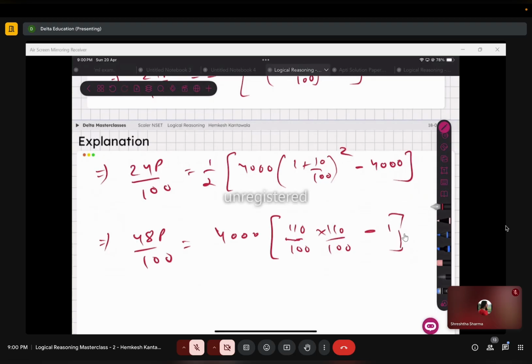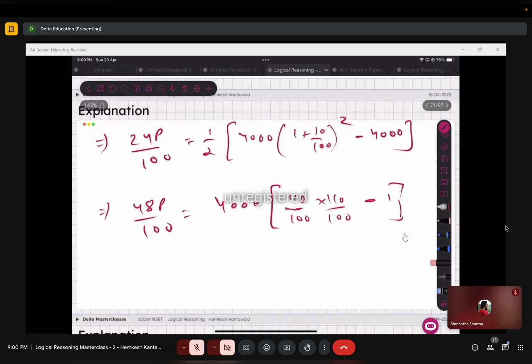Got how we did this? Correct. Now, dividing this, 48P. If I divide this by 4, 4 12s are 4000. So this would be equal to 12 upon 10 to the power 5.